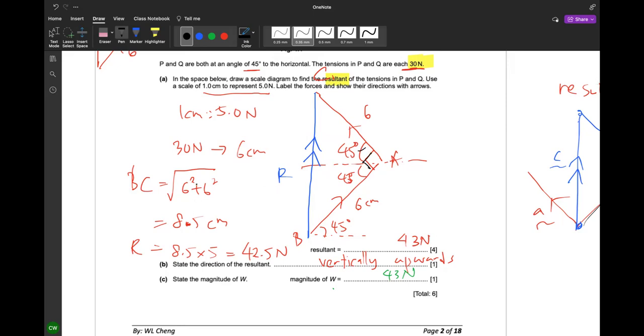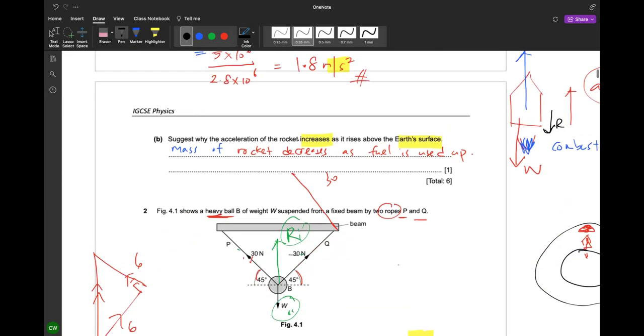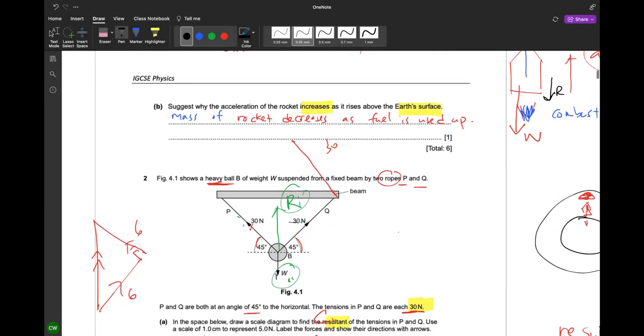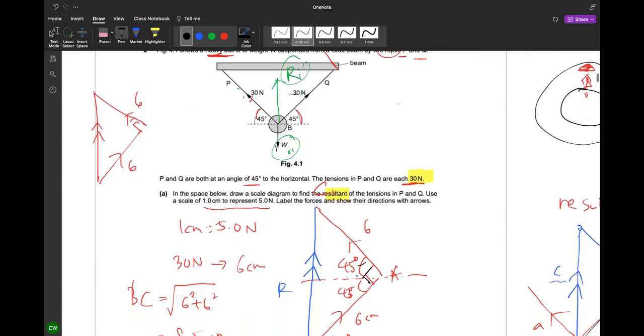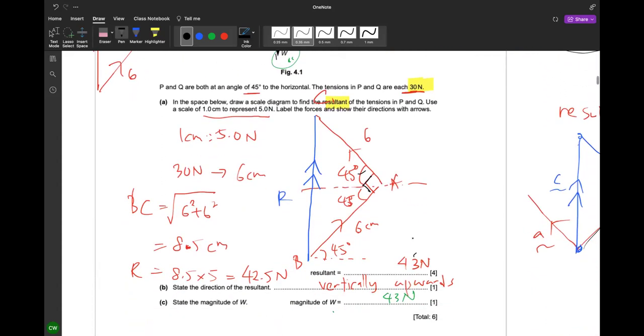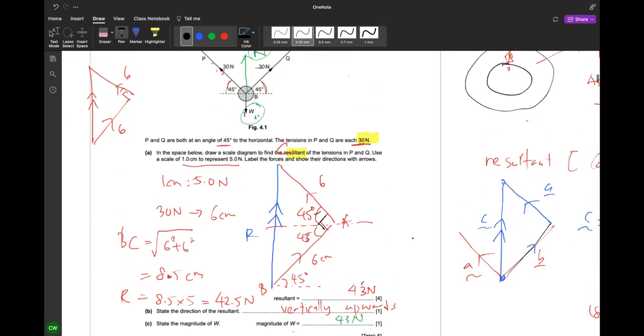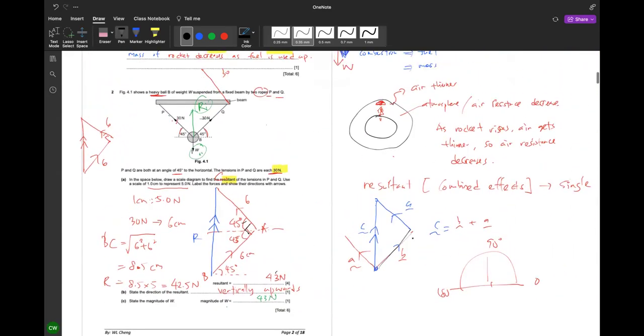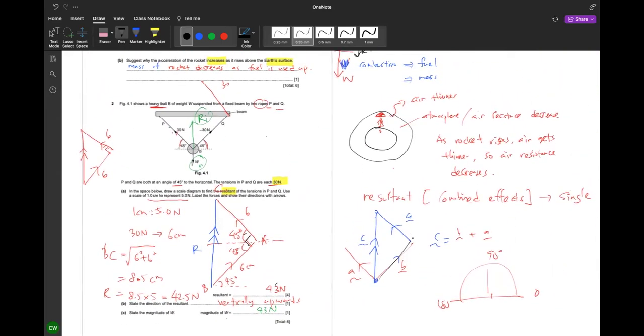So use Pythagoras theorem 就可以把它找到。And then 8.5 times 5 will give you the force is outward. Up and down balance. So R and W is the same. R 跟 W 一样。So both are 43 Newton. Okay 了 Any question? No.